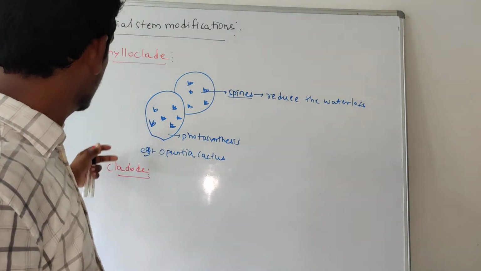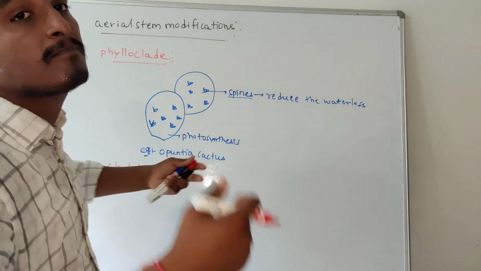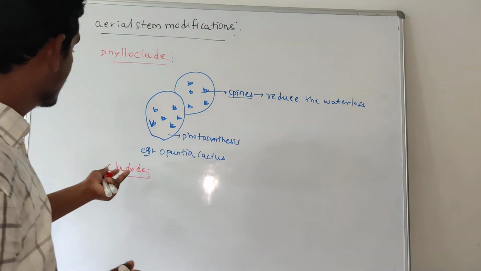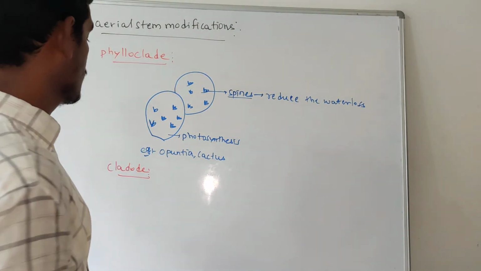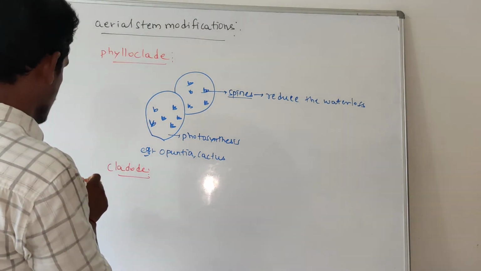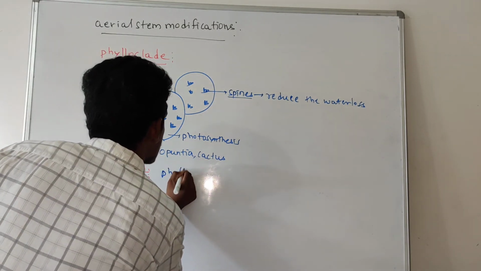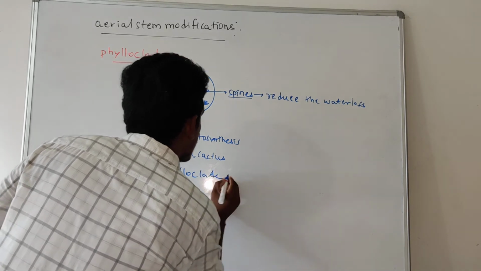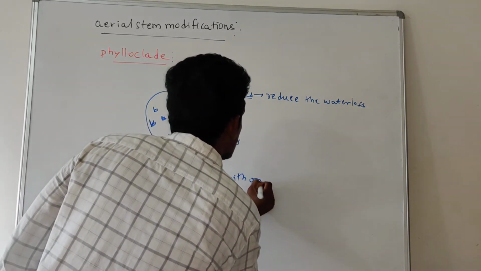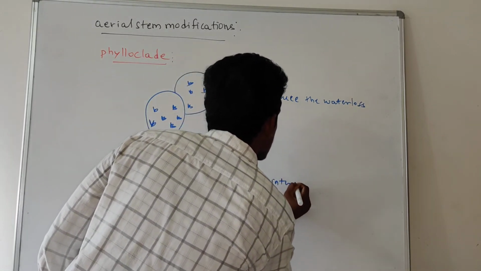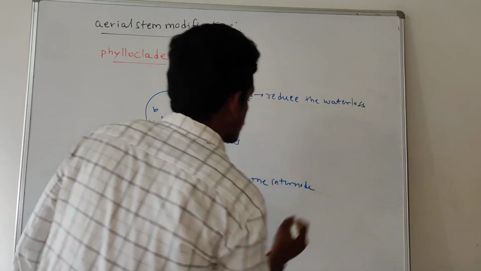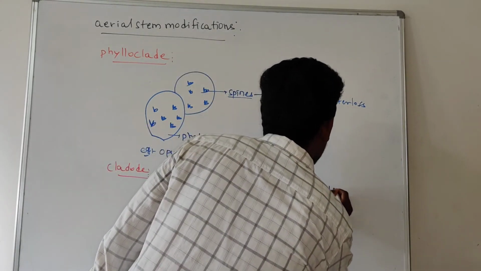So both are similar, but here it has more nodes and internodes, but there it has one internode. How will we write the definition for this one? Phylloclade with one internode is called a cladode.